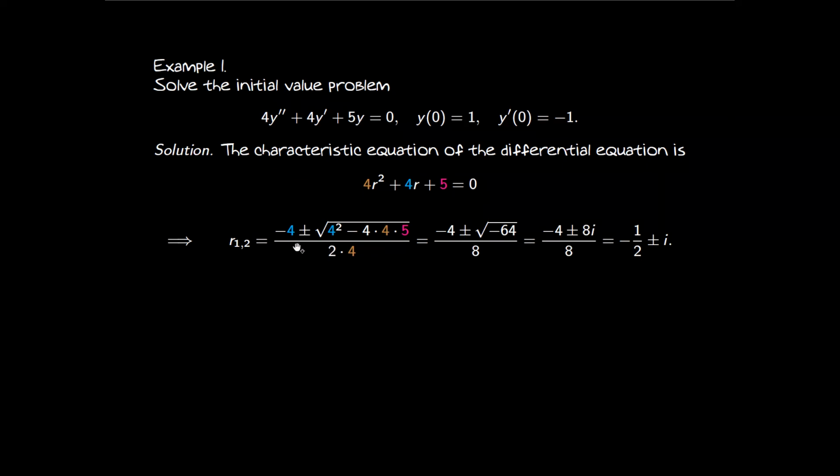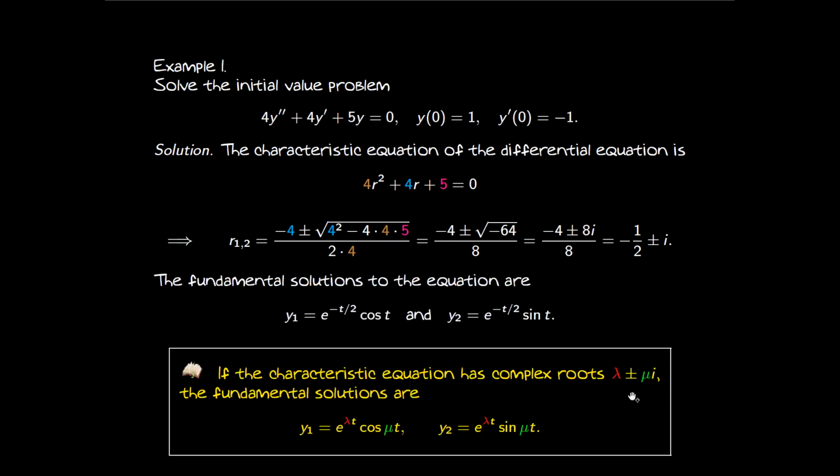Now we simplify the expression, and we're going to end with a negative radicand here. And we understand the square root of a negative number is going to be imaginary, so that we get complex roots. So we understand in this case, the fundamental solutions are going to be products of exponential functions and trig functions.